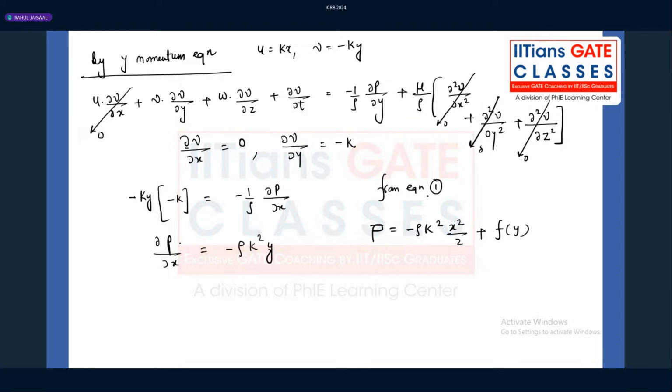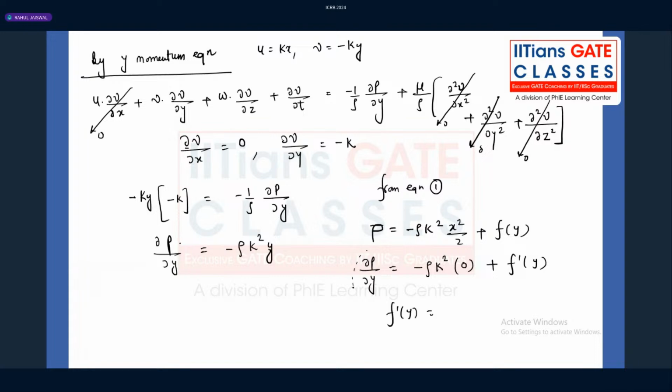Try to differentiate equation number 1 with respect to y. What you can get? You will get minus rho into k square into y, this term will be 0, plus f dash of y. Right, guys?